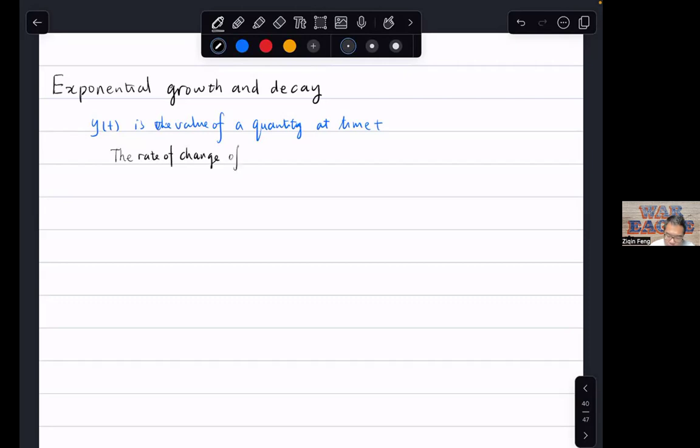A good property of this thing here is the rate of change of y with respect to t, time.